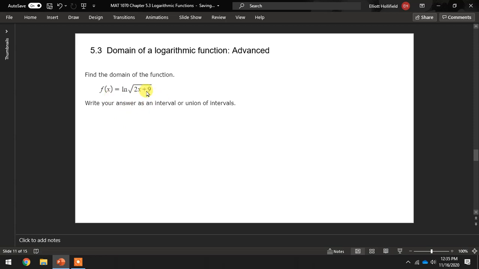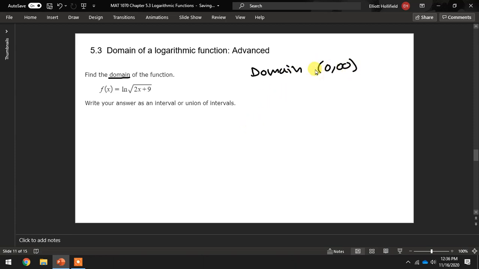So now we have a slightly more complicated looking expression here. We have the natural log, remember that is log base e, of the square root of 2x plus 9. And we want to find the domain of this function. What numbers can we plug into this expression? Well, if we have a natural log, then we already know the domain is from 0 to positive infinity.